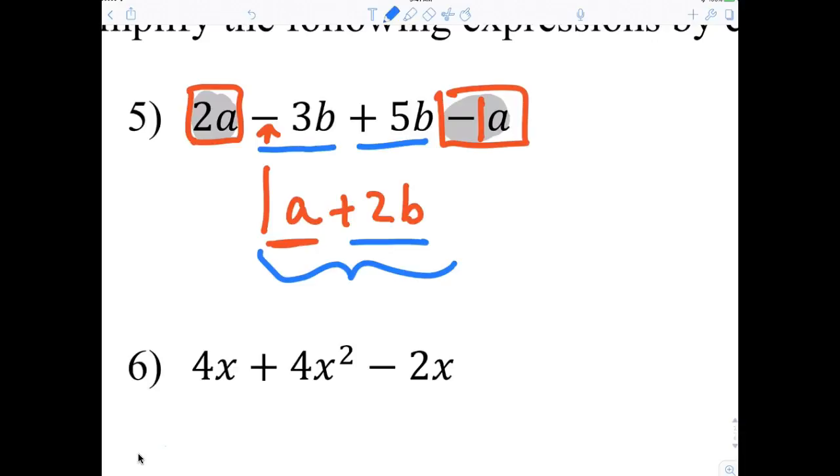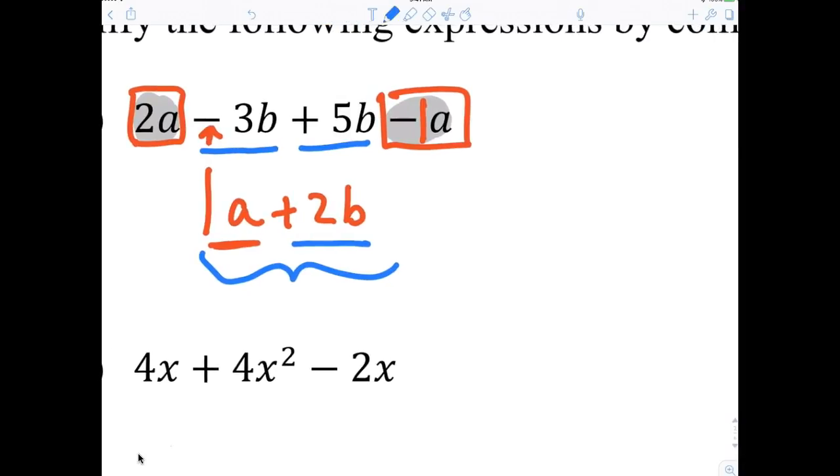Wouldn't 1a be negative? So you're telling me 2 minus 1 is negative 1. No, I'm saying that if it's minus 1a, it'd be negative 1a. You want it to be negative a.